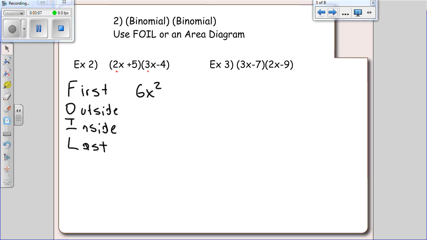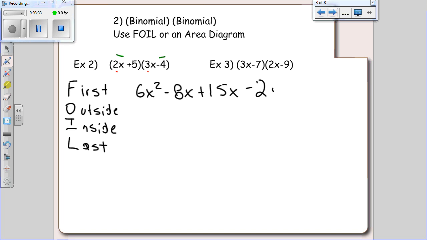Our outside terms, those would be these ones. 2x times negative 4 would give you negative 8x. Well done. Inside is 5 times 3x, 15x. The last, 5 times negative 4, negative 20.